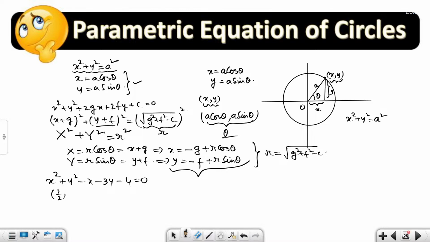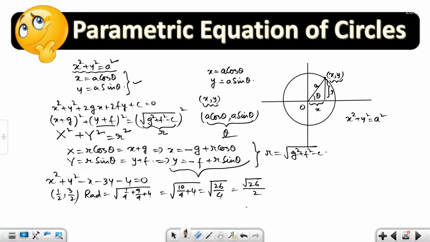Similarly, the ordinate is 3 over 2. And the radius is root of 1 over 4 plus 9 over 4 plus 4, which is 10 over 4 plus 4, that's 26 over 4, so the radius is root 26 over 2.